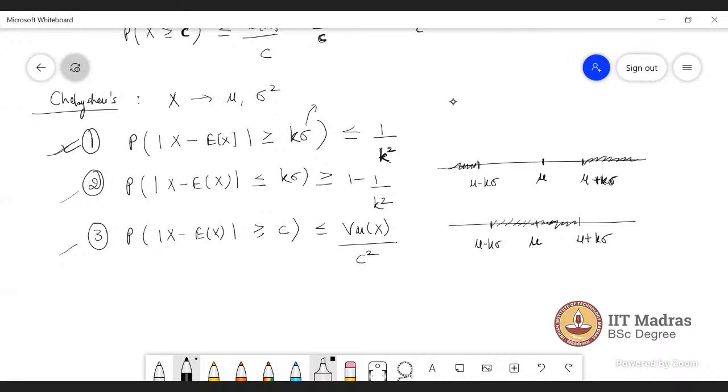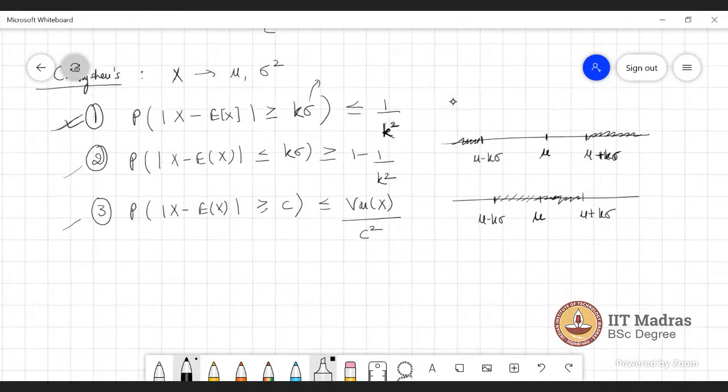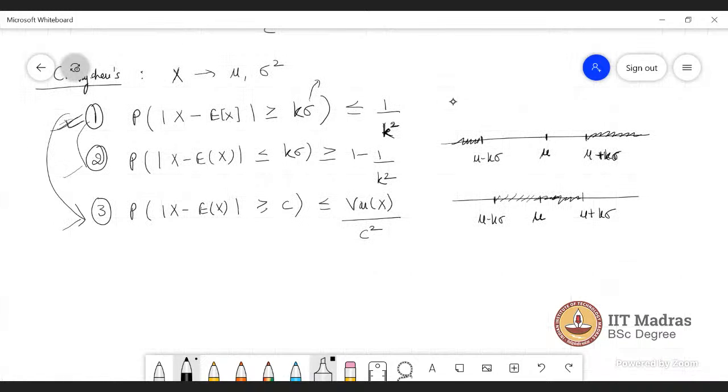But the idea is, if you have more and more random variables, and as your number of samples increases, then with probability almost equal to 1, your random variable lies in this range mu minus k sigma to mu plus k sigma. And the third one is obtained from the first one, and you can derive everything from each other, so it is fine.